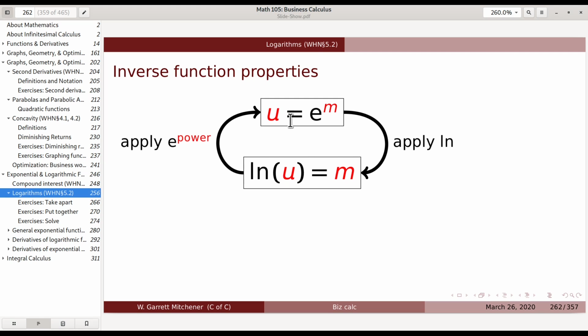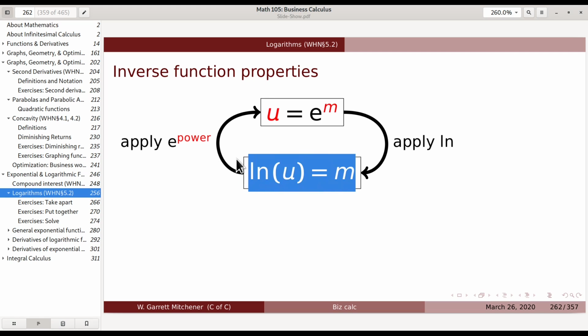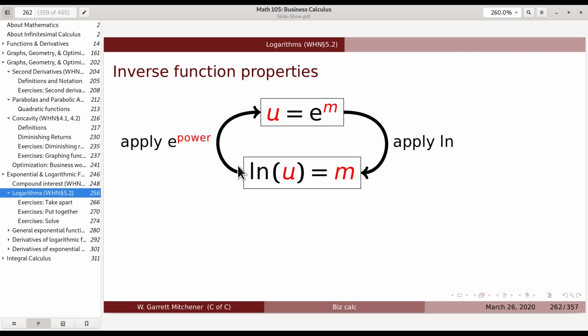So in this circular diagram, going from the top equation to the bottom is done by applying ln to both sides of the equation, and going from the bottom equation back to the top is done by applying the natural exponential to both sides. A couple of things. We are not multiplying by ln, we are applying the function ln.